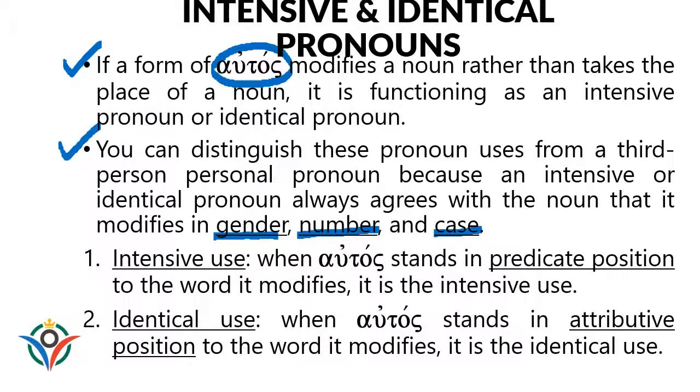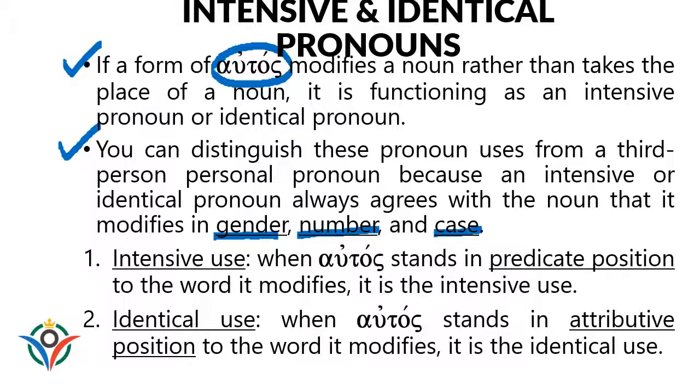Right, so normally a personal pronoun will always agree with its noun or its antecedent in gender and number, not necessarily its case. Its case is determined by its function in the sentence. But when you see a form of autos agreeing with its antecedent in gender, number, and case, then that should give you a clue that it's functioning as an intensive or identical pronoun.